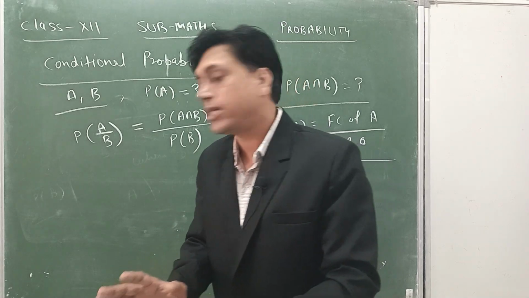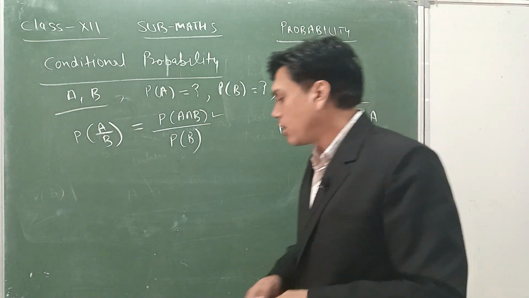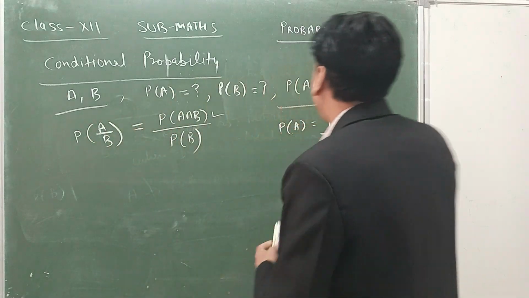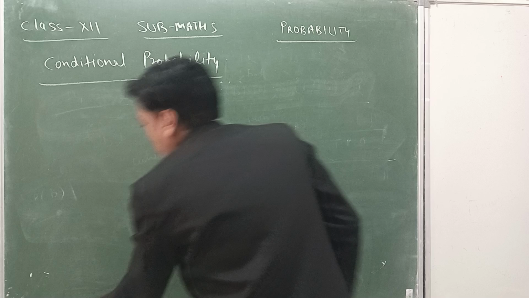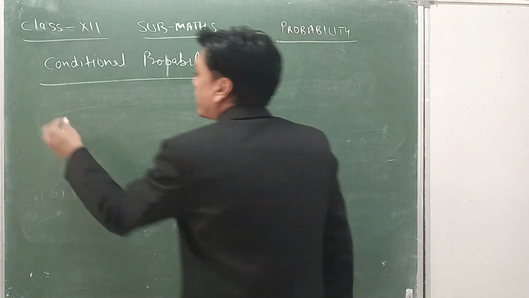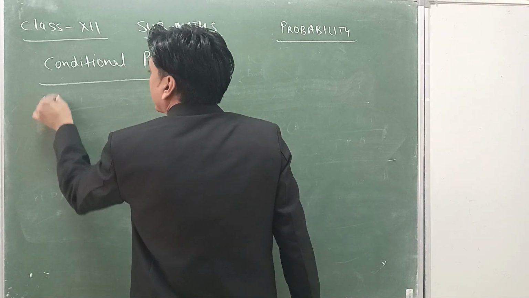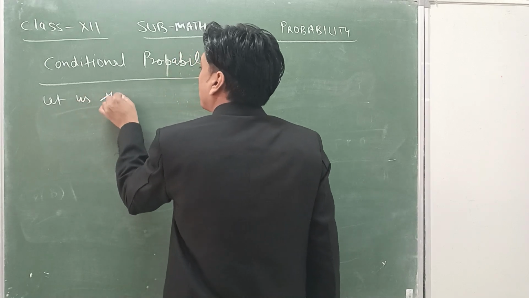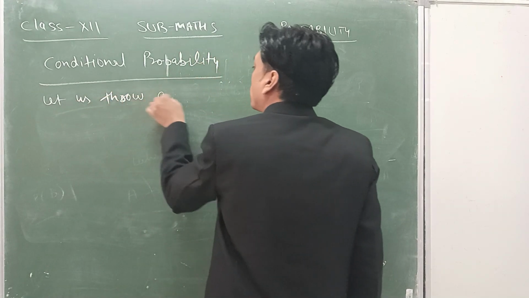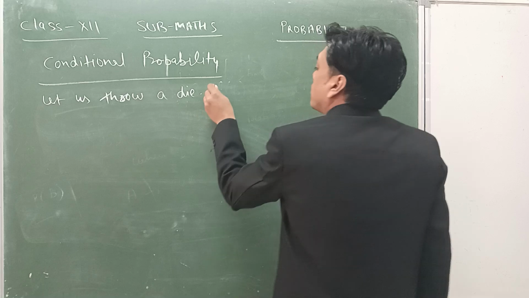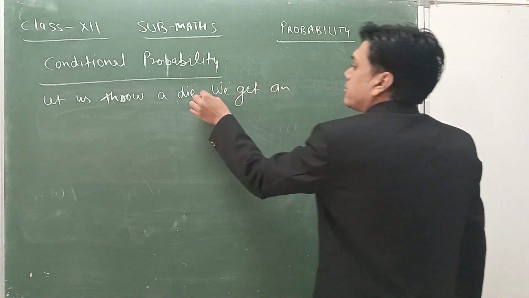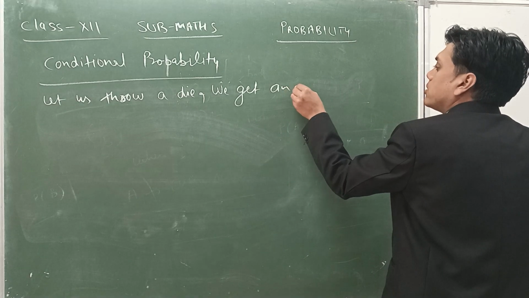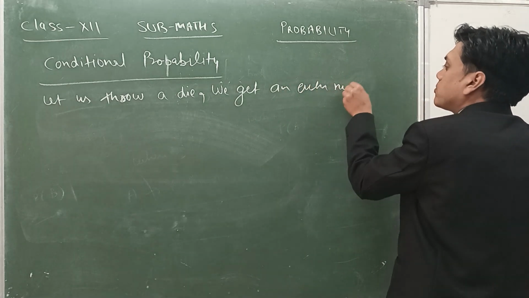I think you get it. So let us clear this with an example. I have told about this earlier. Suppose an example is there. Let us throw a die. We get an even number.